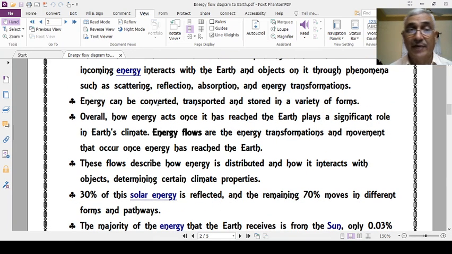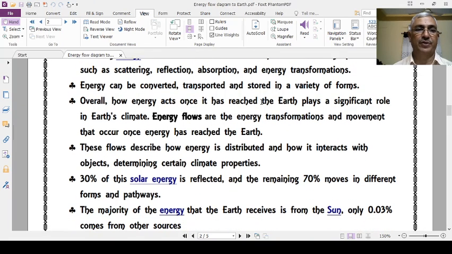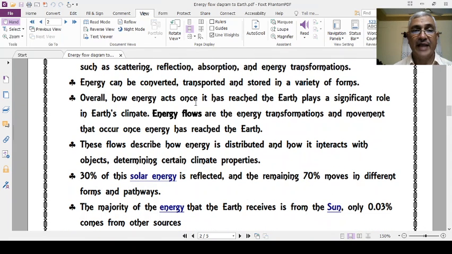Energy can be converted. Once the solar radiation comes into the earth, it will be converted to other forms. It is transported, and also it is stored in a variety of forms. Overall, how energy acts once it has reached the earth plays a significant role in Earth's climate.